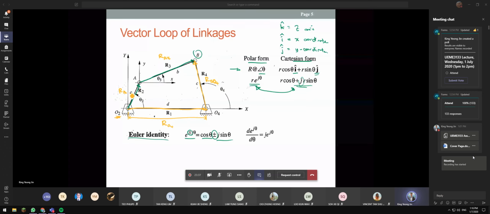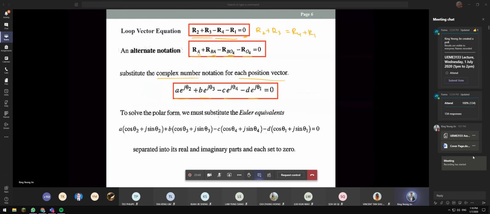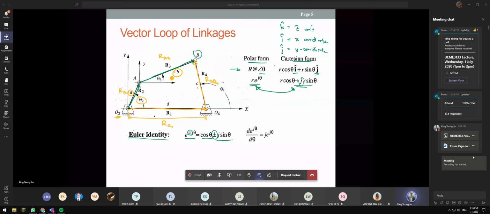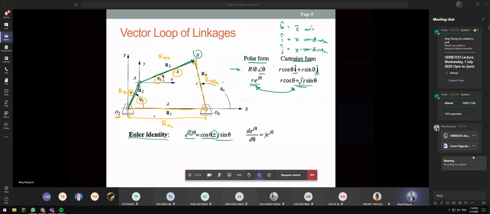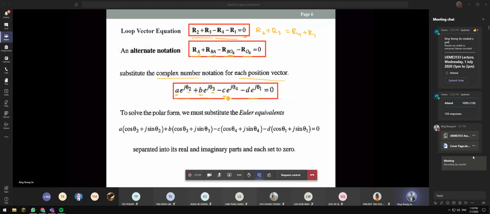So what we have now is A with an angle of theta 2, so A theta 2, and then B with theta 3, then C and theta 4. We also have D and theta 1.